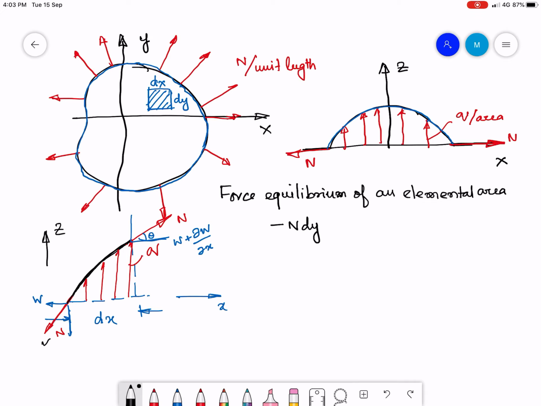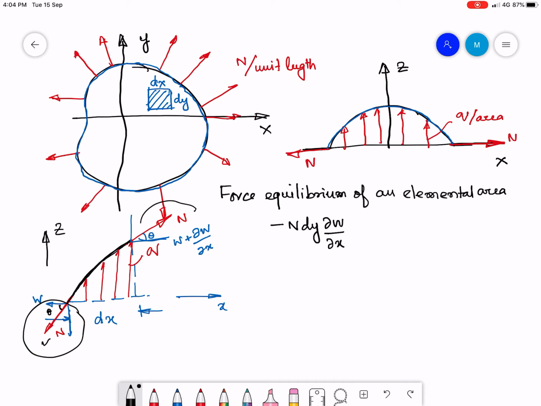That is going to be n into sine of theta, so n into dy into theta, and theta is going to be del w by del x, because this angle is del w by del x. The minus sign is because it is pointing in the negative z direction. So, that is coming from this force.